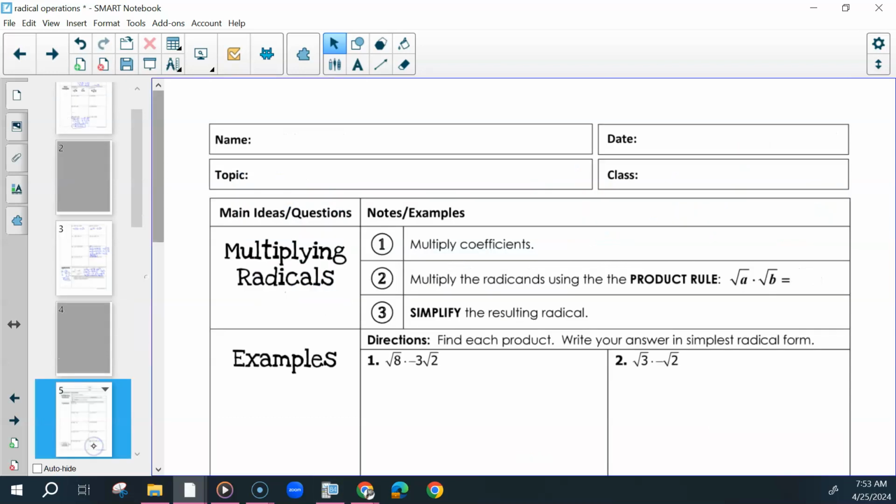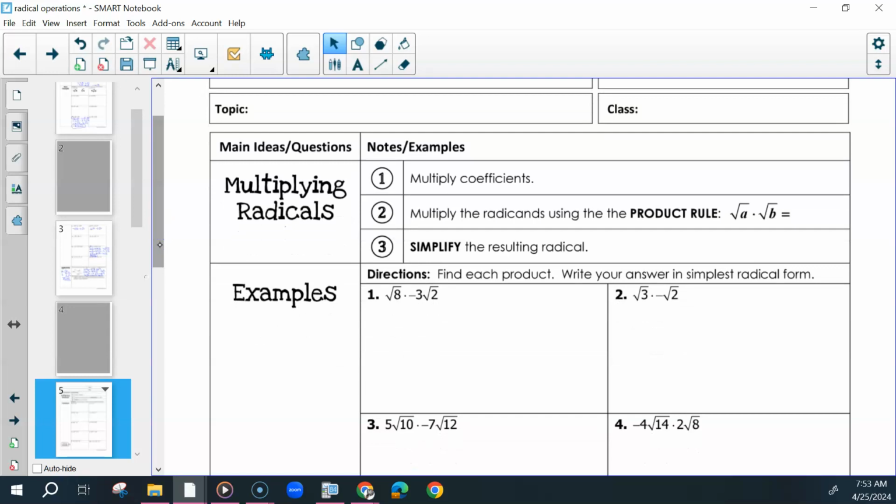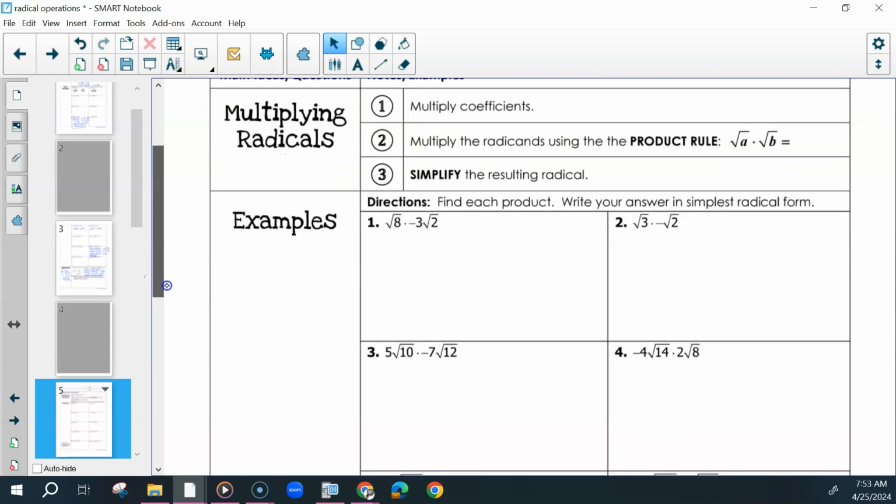Go on to multiply. Now the rules for adding and subtracting and multiplying are different as they are with polynomial operations and combining like terms and things like that. So the numbers outside of the radicals, you multiply those together. The numbers inside, you can multiply underneath the radical, and if you can simplify that, do that.